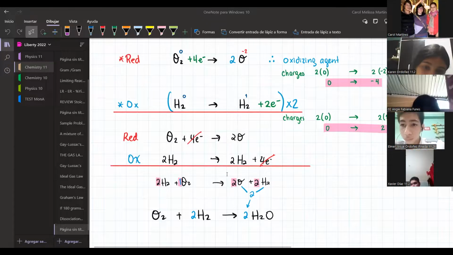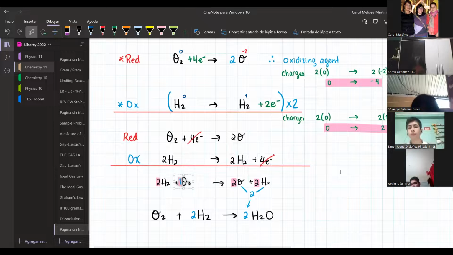Can you repeat that question? Because now I'm lost. If it's okay, that is O2 plus 2H2 in the reactant. Oh, yes. O2 plus 2H2, okay. Then yes, it's okay. You can write it first or second. It doesn't really matter. It's like in math: 3 plus 2 is equal to 2 plus 3.